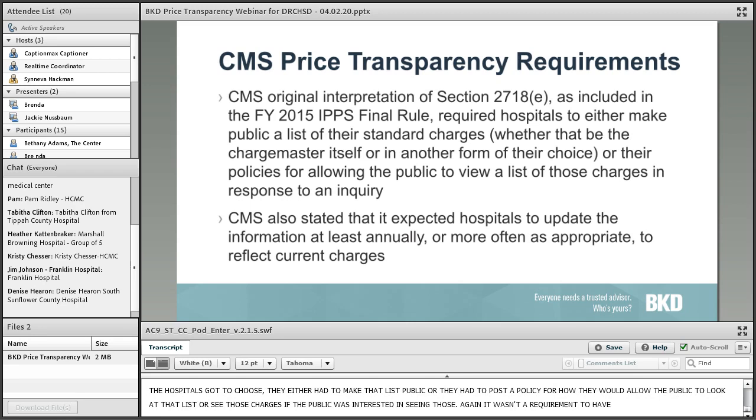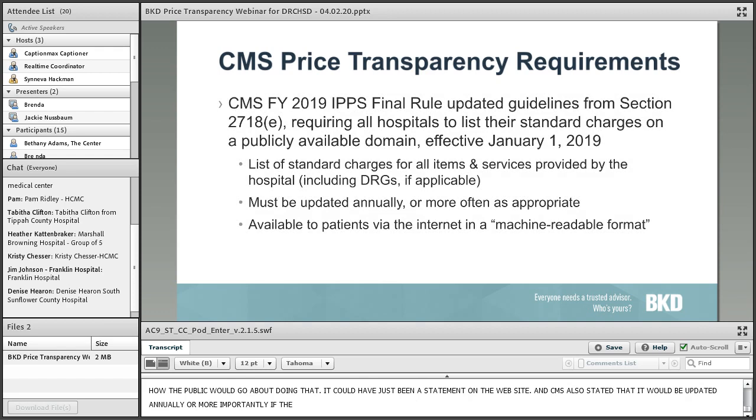So it wasn't a requirement to have that list, but just to state how the public would go about doing that. It could have just been a statement on the website. CMS also stated that it wanted those updated annually, or more often if the hospital changed its prices throughout the year.